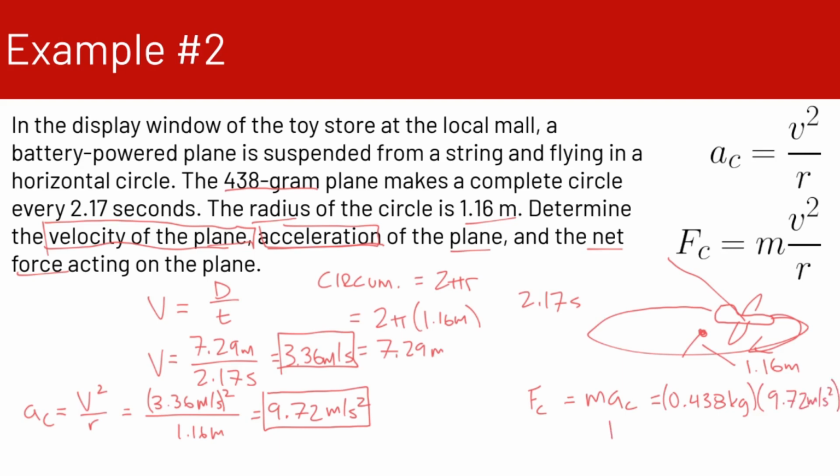So our centripetal force is going to equal 4.26 newtons. The force it takes to keep that plane flying around in its circle is 4.26 newtons.